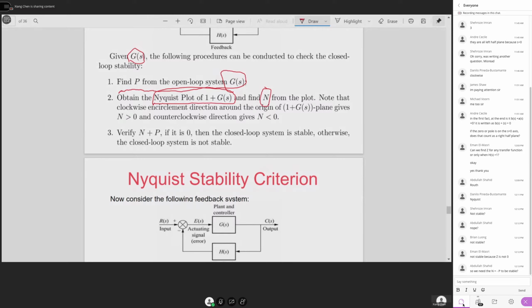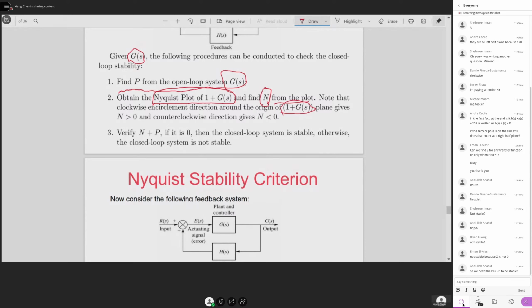This is the information we needed, so we can identify N from the plot. You just need to be careful: the sign of N depends on the encirclement around the origin of the 1 plus G(s) plane.